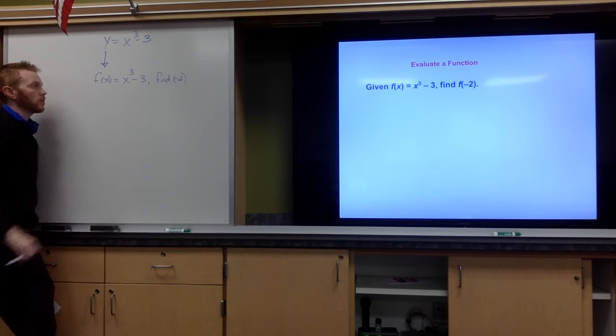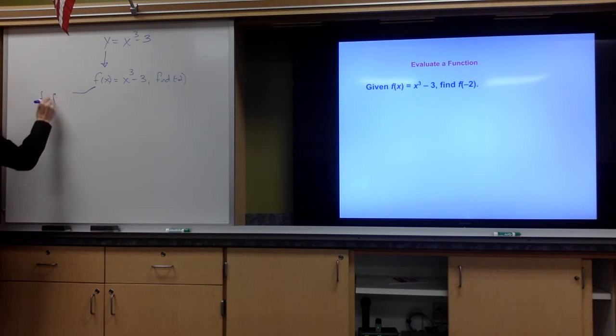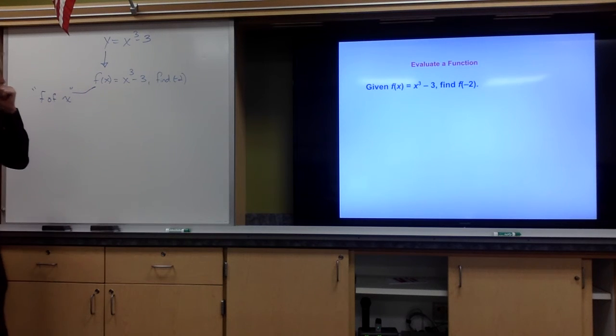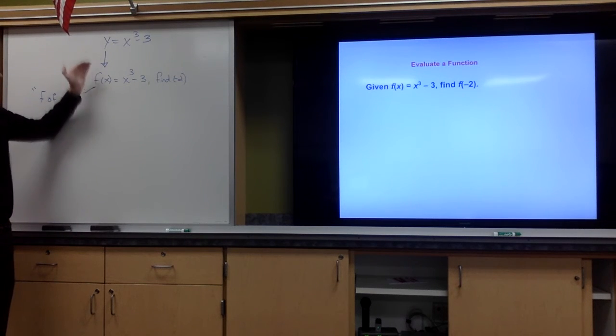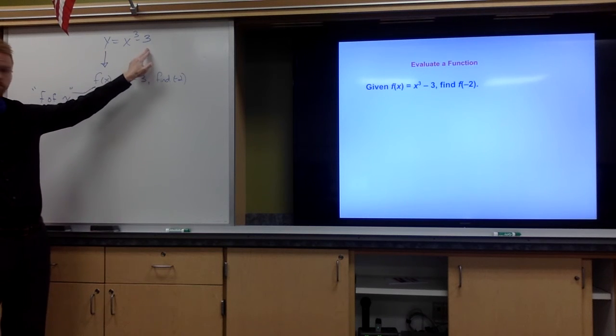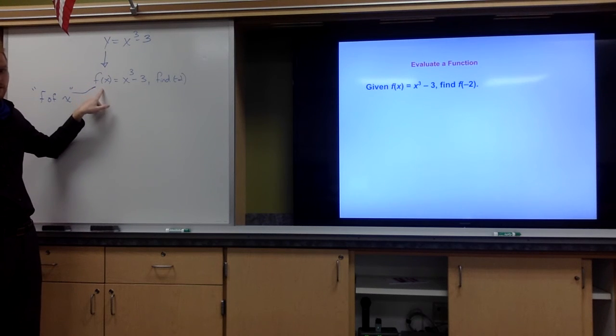Instead of writing y equals, I wrote f of x. That's what this reads as. This is f of x. That's how you talk when you read this, f of x. Okay? The reason why I switch it to this notation is because this is a function. I'm telling you already that this satisfies a function. That's all this is. A lot of people get confused with that when they see this guy. It's just like y.